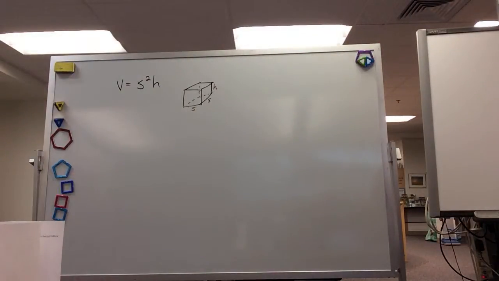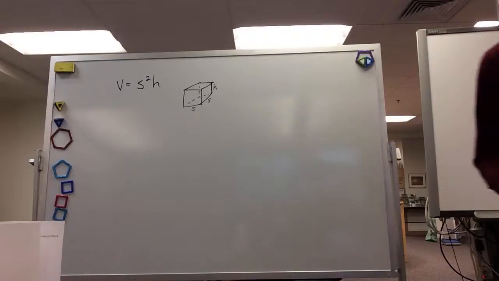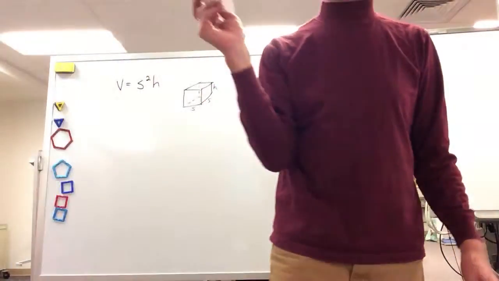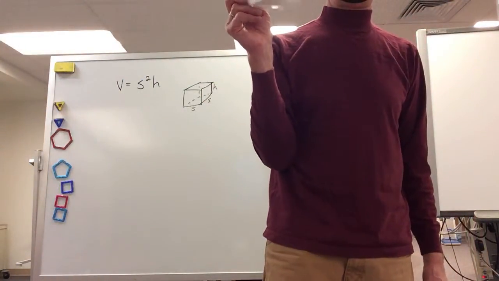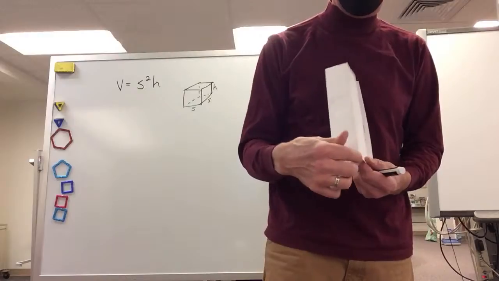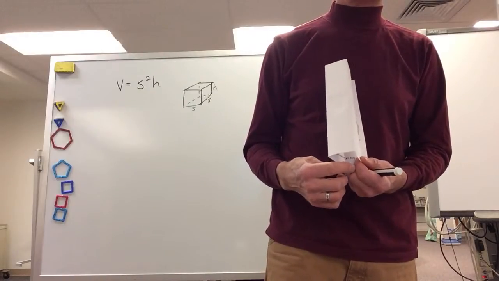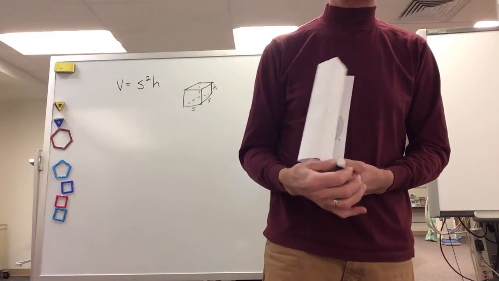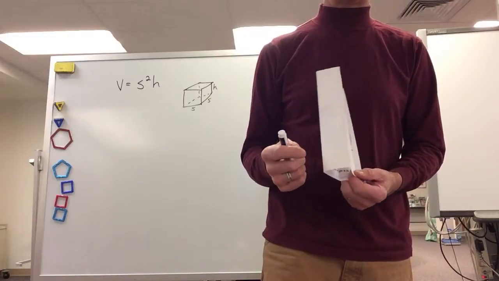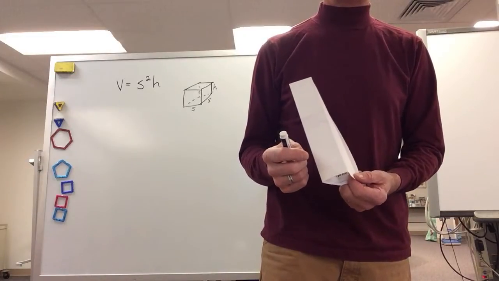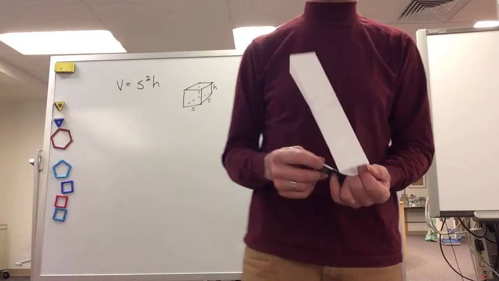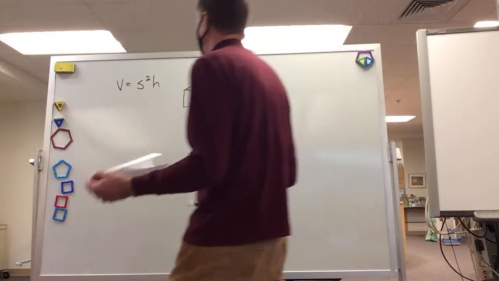So calculate the length of the sides of the base of the tall prism. So what are the lengths of the sides for this one? How long are each of these edges on the base? How much are they? 2.125? That sounds right.